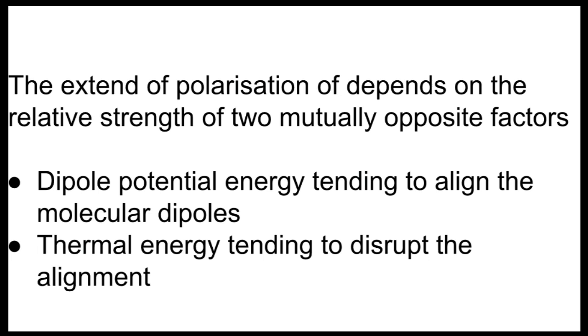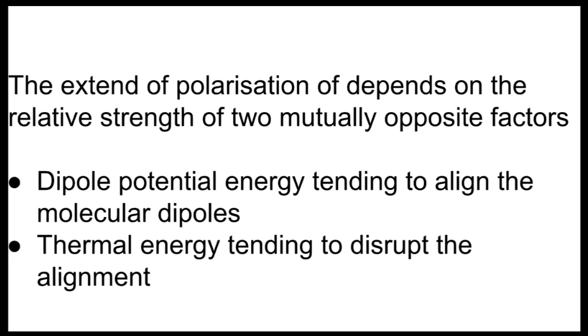So we can say that there is dipole potential energy which tends to align the molecular dipoles. But opposing that, there will be thermal agitation because of the room temperature. These molecules will have some energy which will be in the opposite direction.